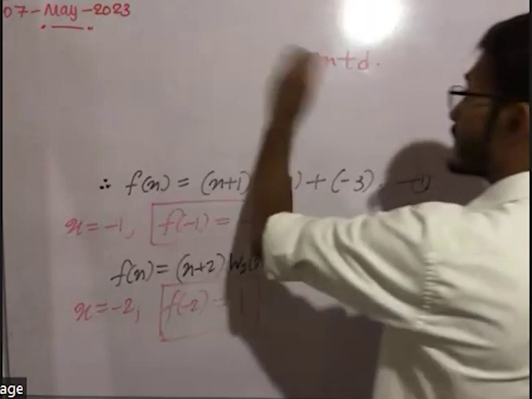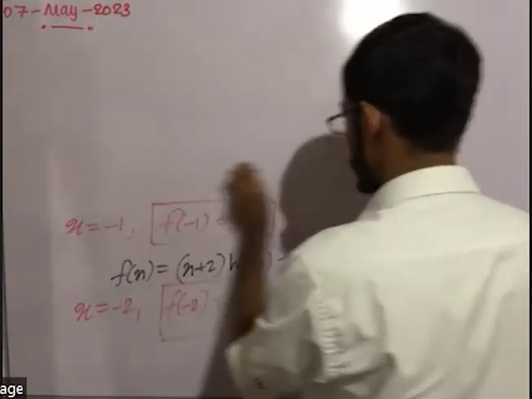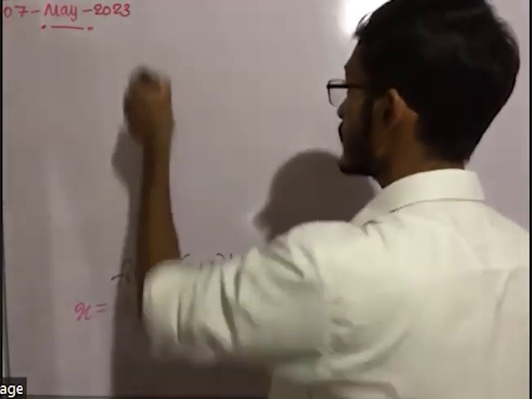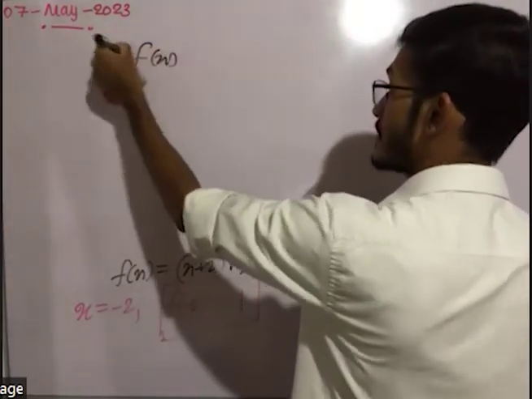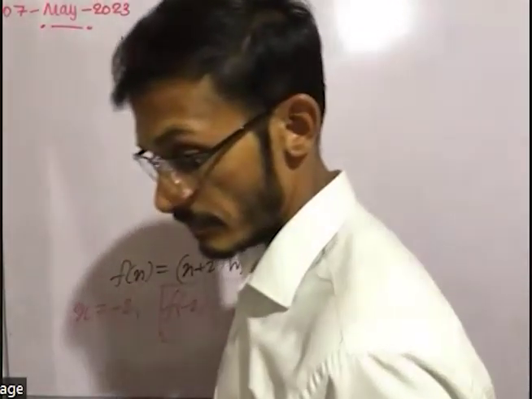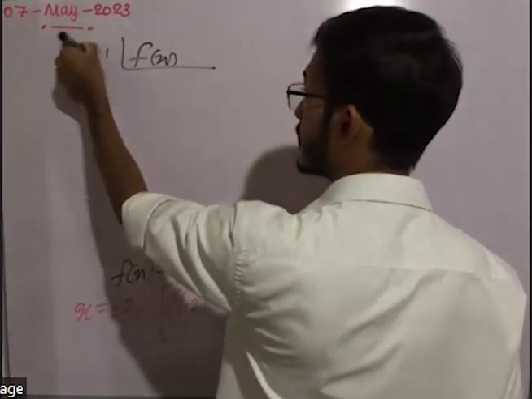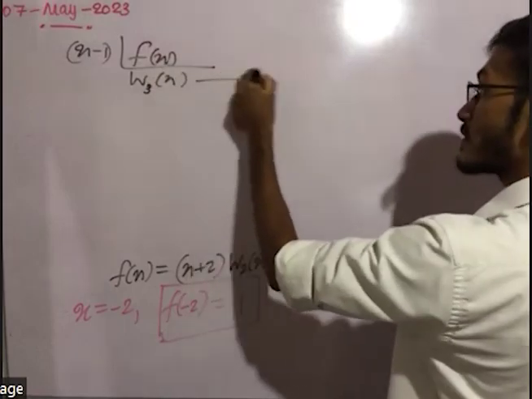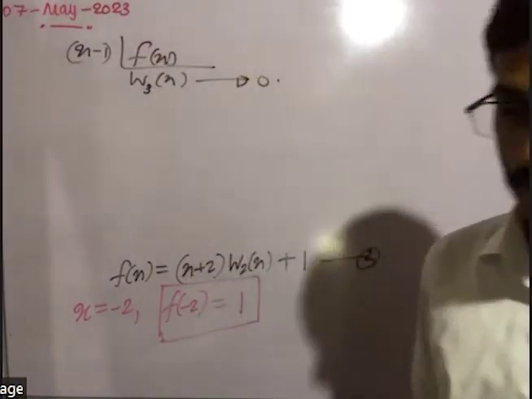So what is the meaning of that? That means when you divide f(x) by x minus 1, this is the quotient, the remainder is 0, right?